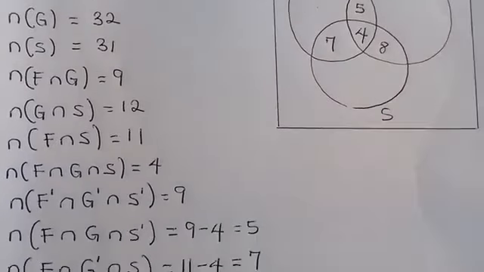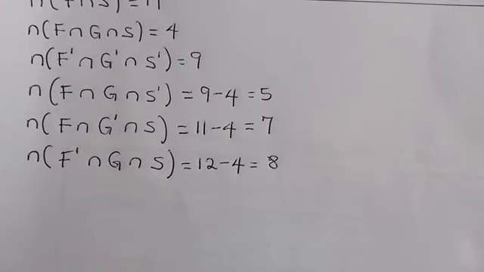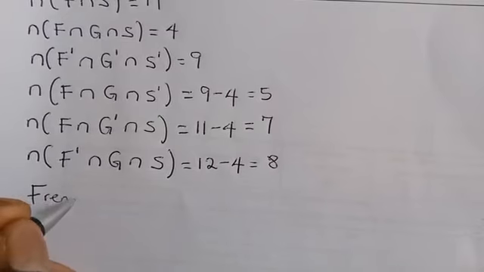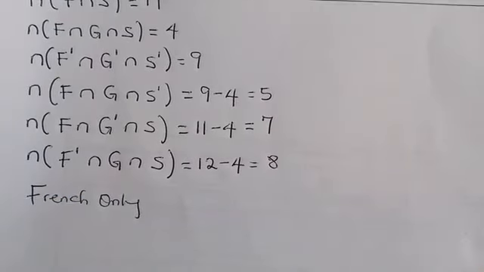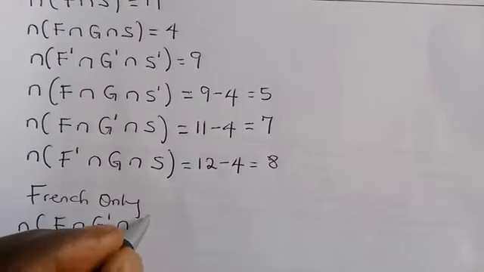So let's continue. For us to get French only, French only is going to be the cardinal number of F intersection G prime intersection S prime.